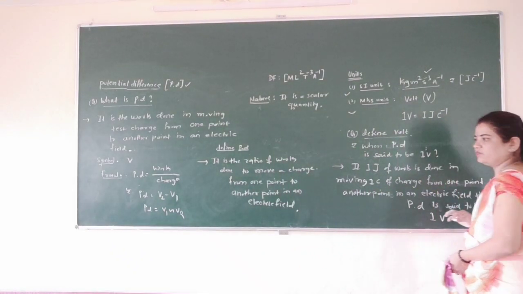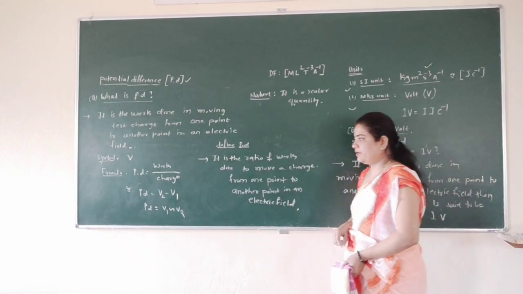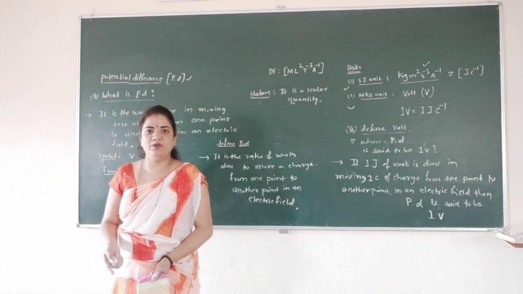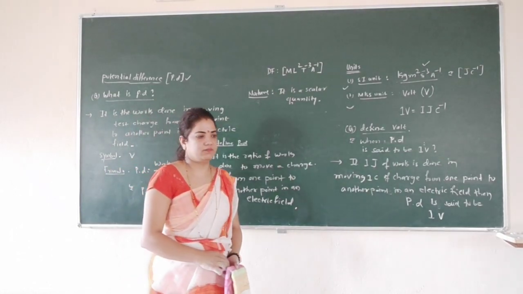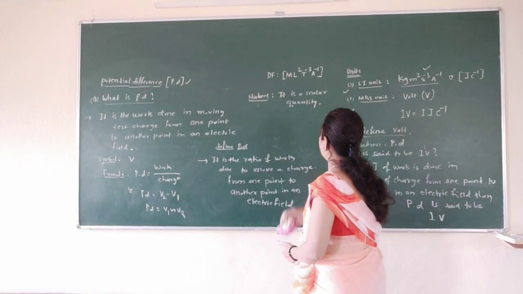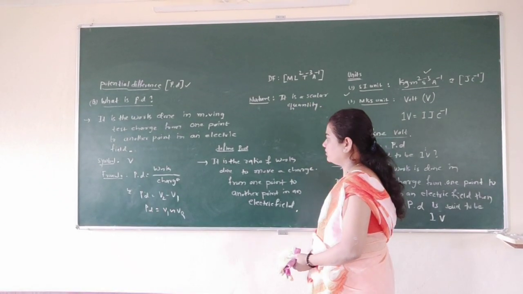The energy of electric charge is different at different points in an electric field. Again, dimension formula is same, nature is also same.